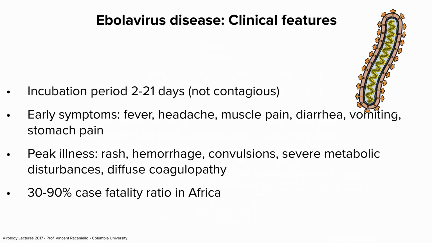And as I said, the case fatality rate is 30 to 90%. And so there was also a big discussion in the press about should people be allowed to come back from working in West Africa, when they may be incubating Ebola. And as I told many people, there's no evidence that anyone who has not got these severe symptoms is infectious. And there was an ER doctor from Colombia who came back from working in West Africa, and he was here in New York City.